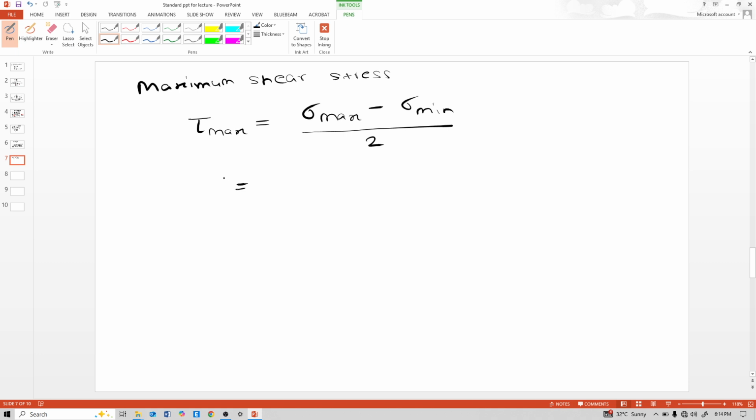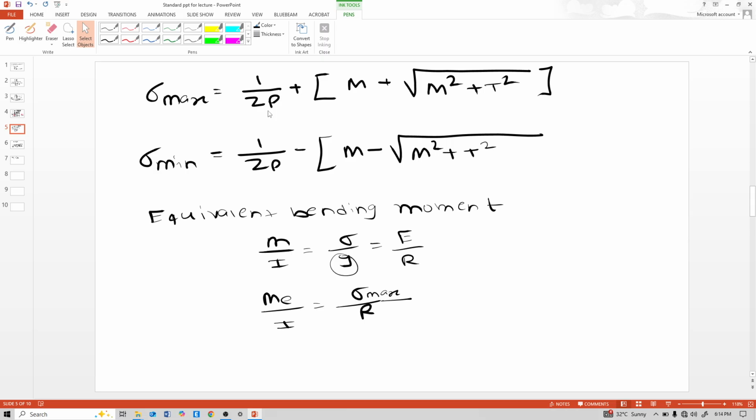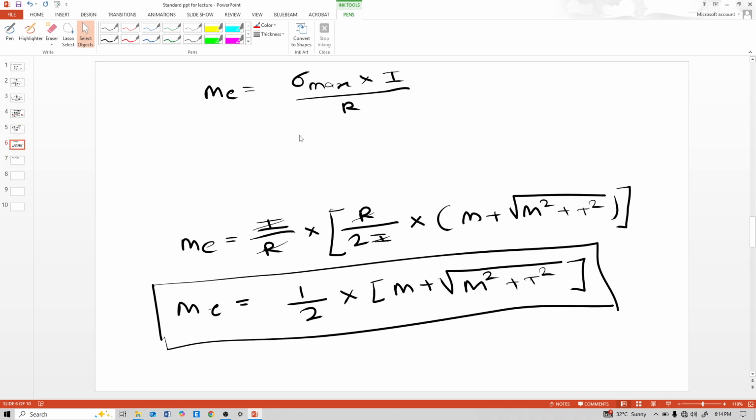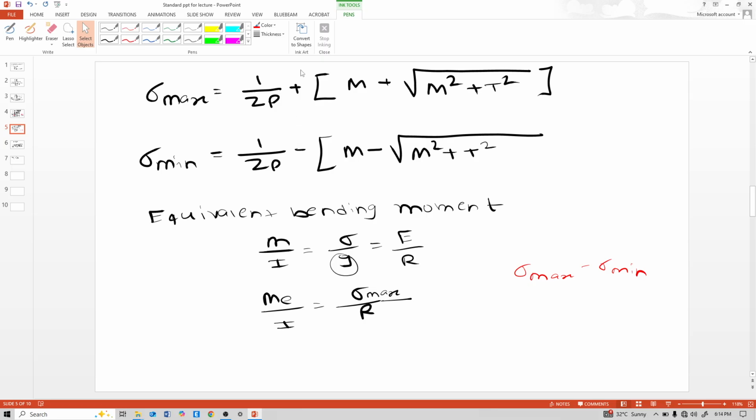Sigma max is 1 by Zp into M plus under root of M square plus T square, and sigma minimum is the same with minus. When we subtract these terms, the M term gets cancelled and minus minus becomes plus, so only two terms remain. So directly we calculate it: 1 by Zp into root of M square plus T square.